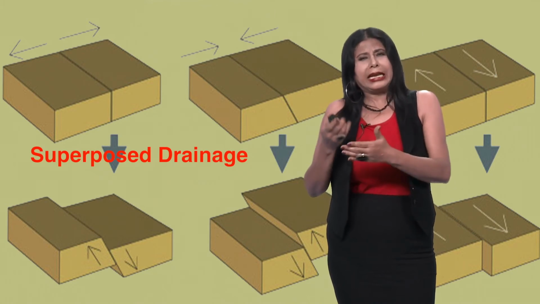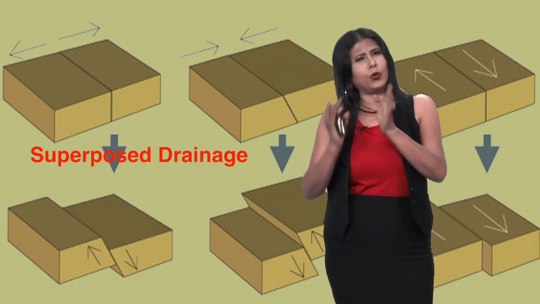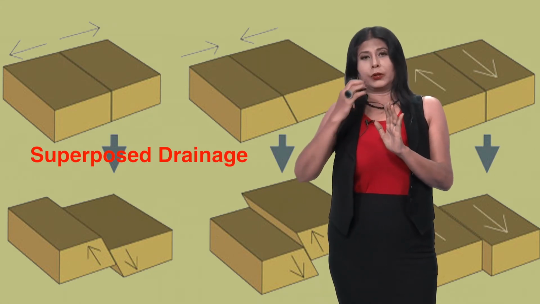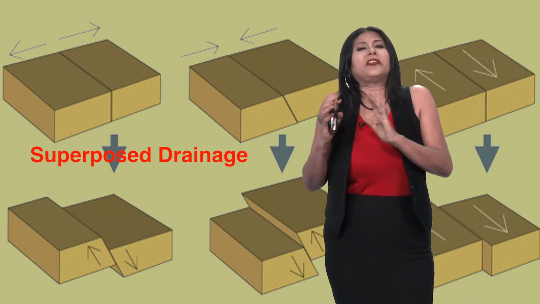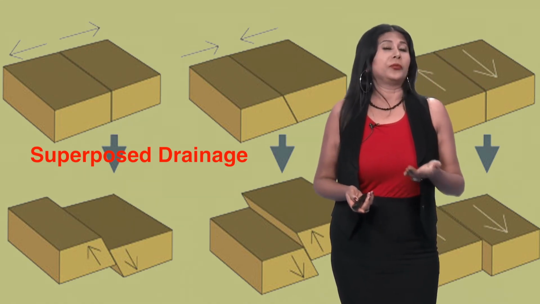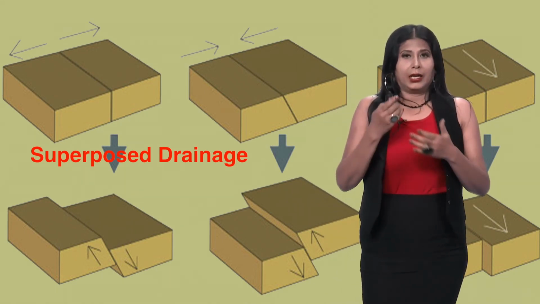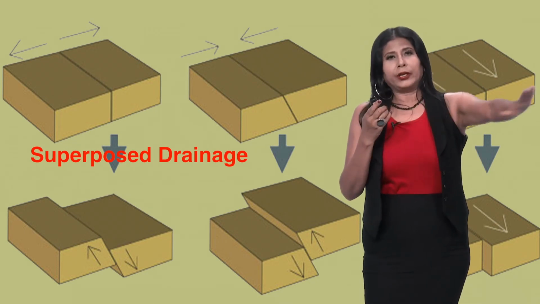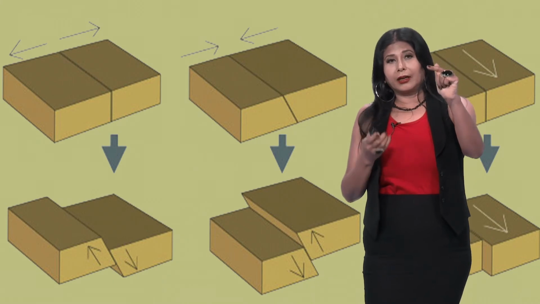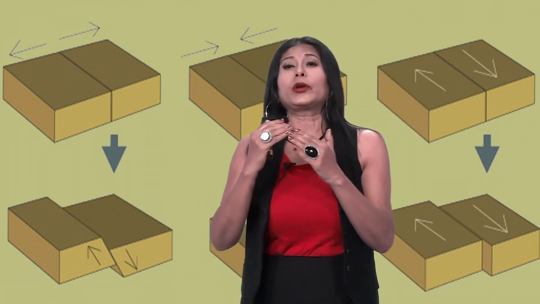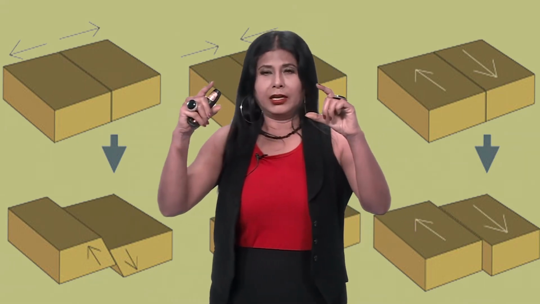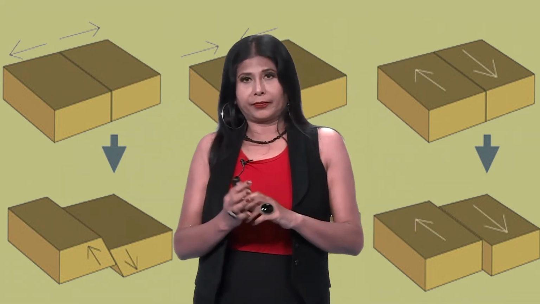Superimposed and antecedent drainage are actually more or less the same, but the difference is very, very slight. Let us see what is the meaning of superimposed drainage. A river is flowing, but here we have to look at the underlying strata and the direction of the river.